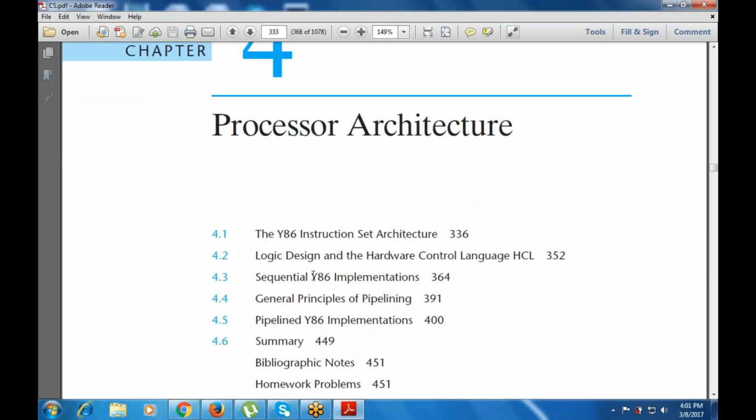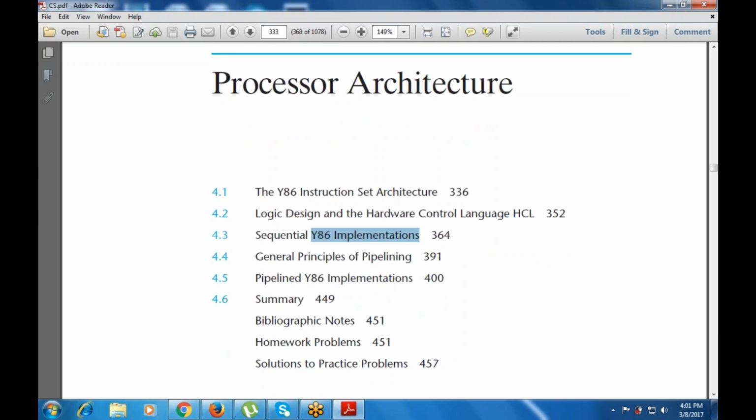Then how to implement Y86, the architecture, the general principles of pipelining, and the pipelined Y86 implementations. Then there is a summary, bibliographic notes, homework problems, and solutions to the practice problems.